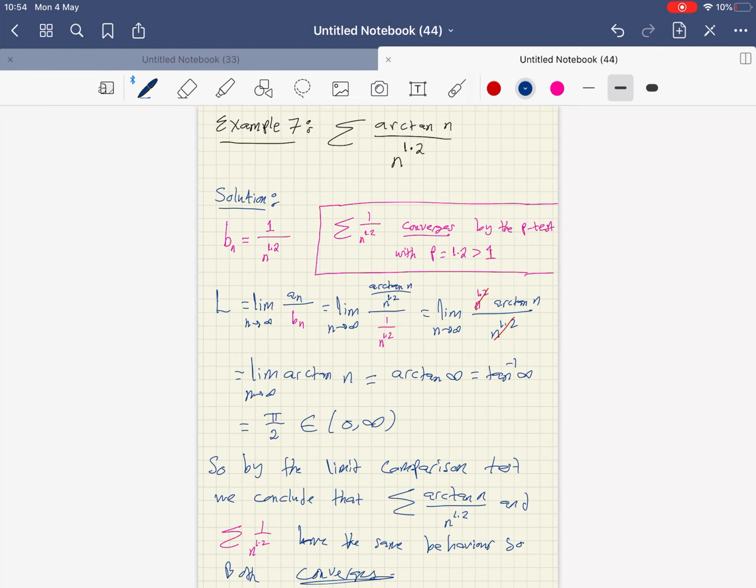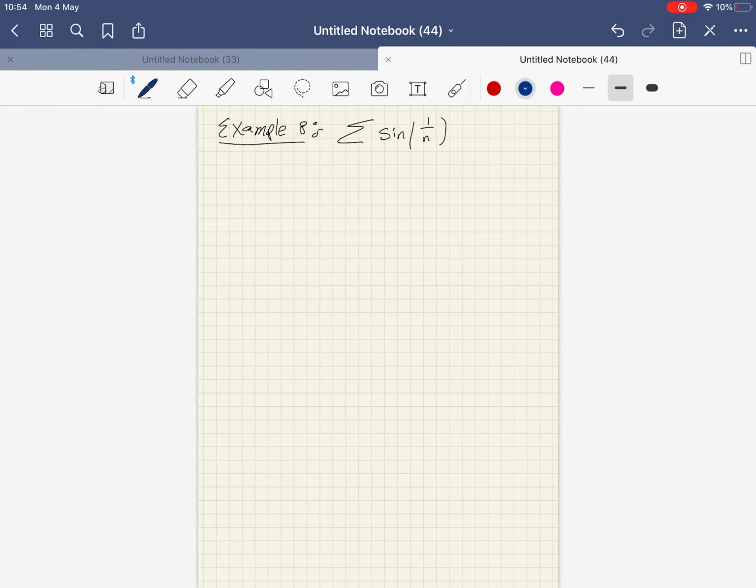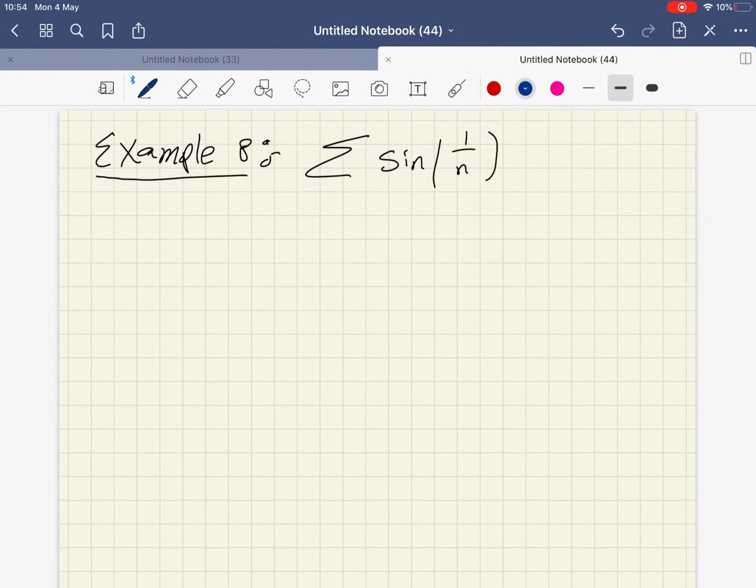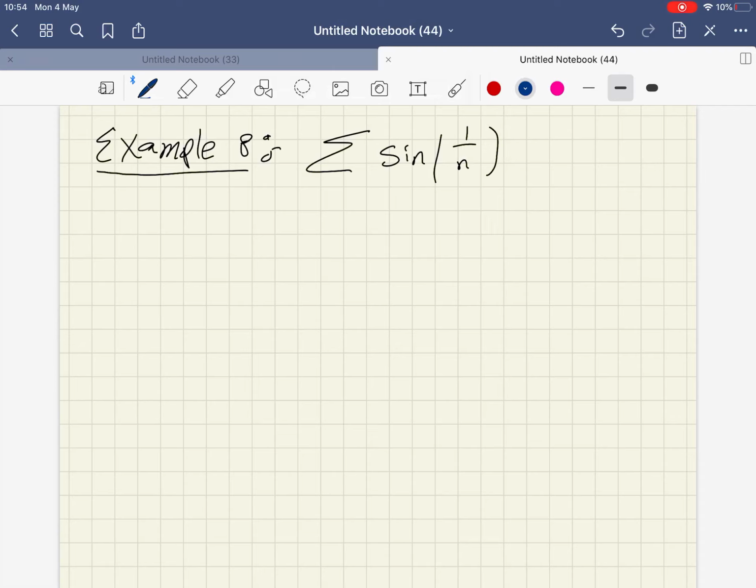Okay, next. This example. Okay. This example, let me do the same as we just did now. Here for Pn, I always like Pn to be something over something. So how about we ignore the sine?